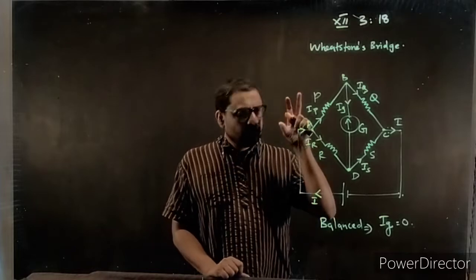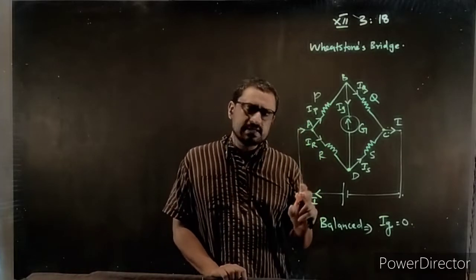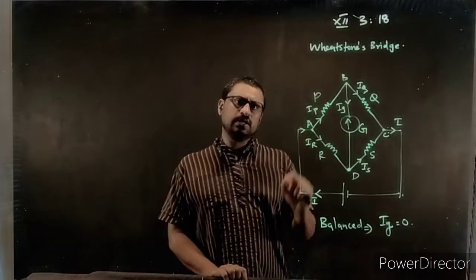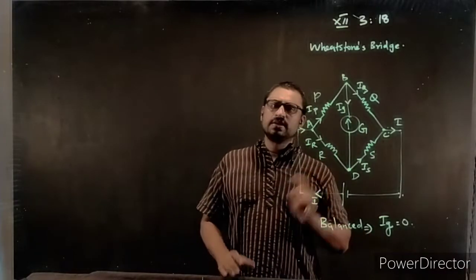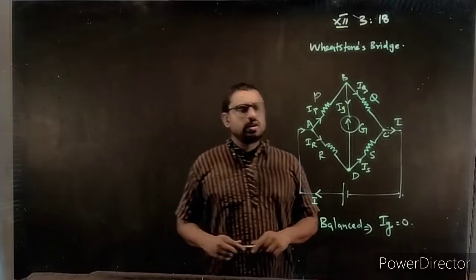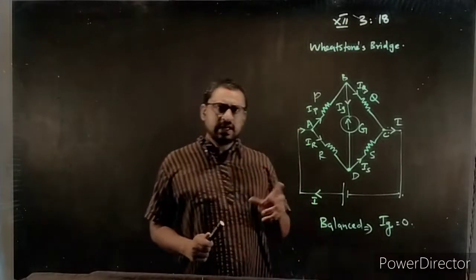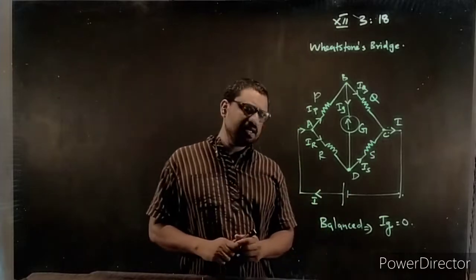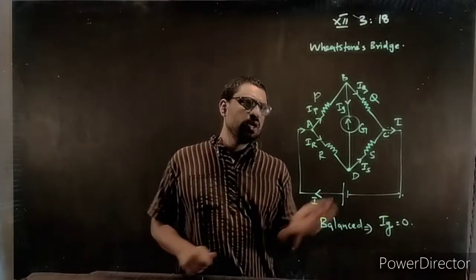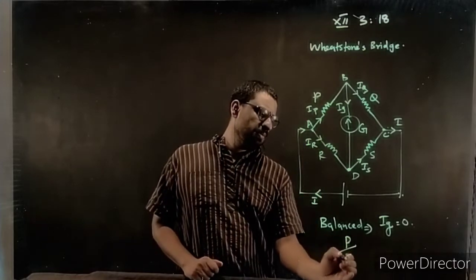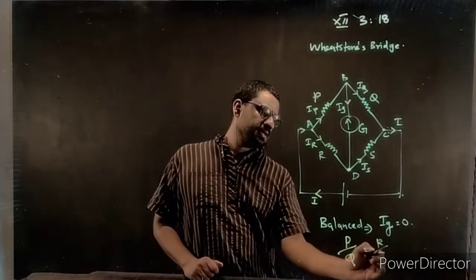And the Wheatstone's bridge is said to be balanced if there is no current flowing through the galvanometer, meaning Ig is equal to 0. Now you may be asking how is it possible and when it will happen. The condition for the Wheatstone's bridge to be balanced is that Ig will be equal to 0 if the ratio of the resistors is P by Q equal to R by S.